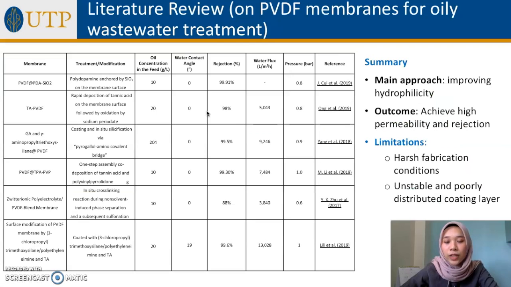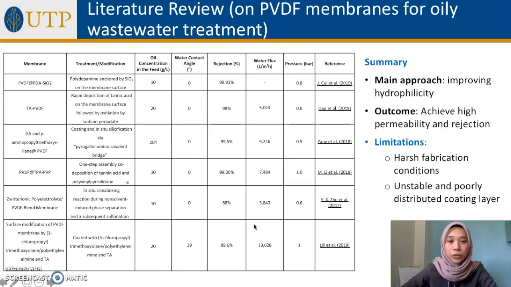Many modification developments of PVDF membrane for oil water emulsion have been reported, so it is summarized in this table. As we can see, every modified membrane has improved hydrophilicity, indicated by the low value of the water contact angle, and high flux produced.